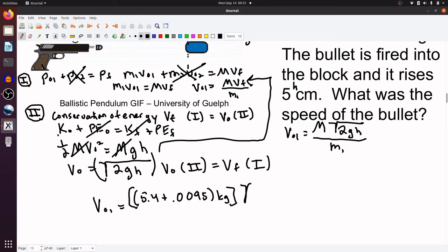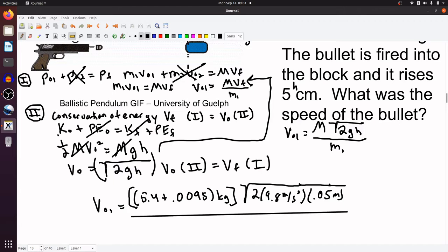And then square root of 2 times 9.8 times the height. Careful, this height is in centimeters, so I need to put 0.05 meters. The blocks generally don't rise that high. And then all divided by the mass of the bullet, which is 0.0095 kilograms.